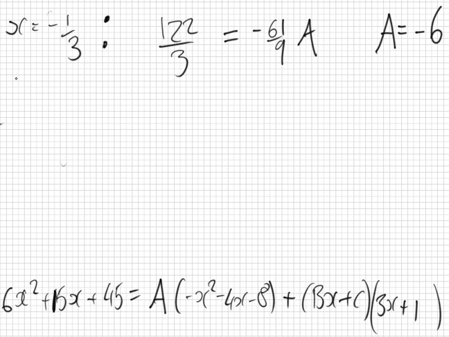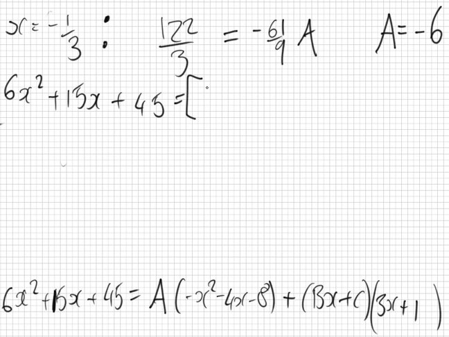So I have 6x squared plus 15x plus 45. Now, I know what the a is. It's minus 6. So what I'm going to do now is use the comparison method. So I'm going to put in a is minus 6 and then compare the left and the right. So here I'll have 6x squared and here I'll have 3bx squared.